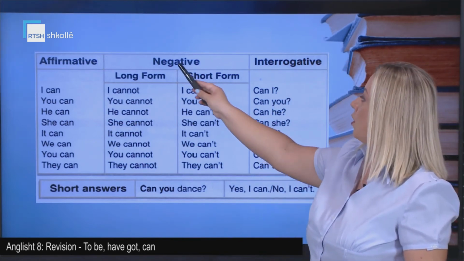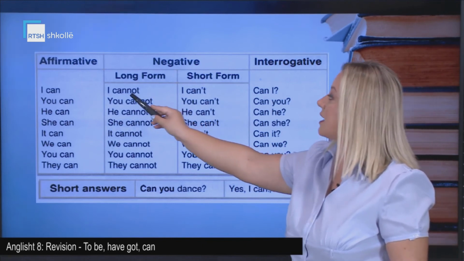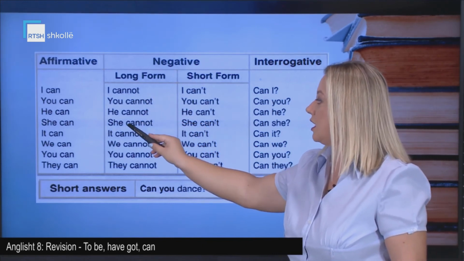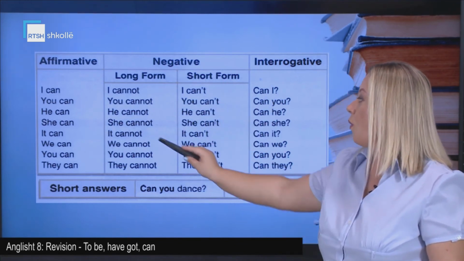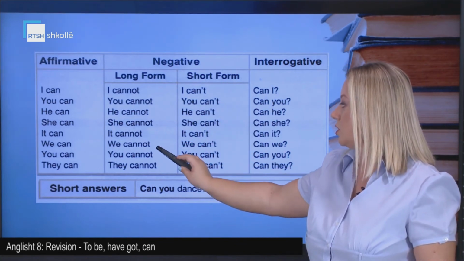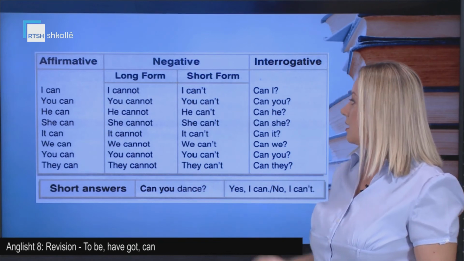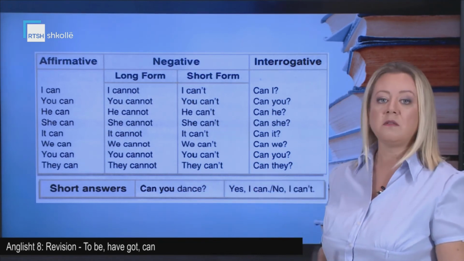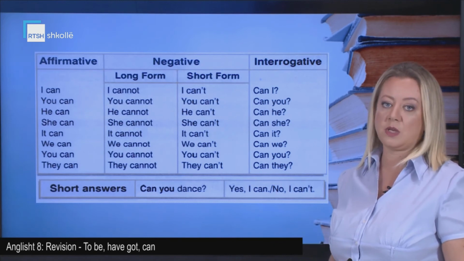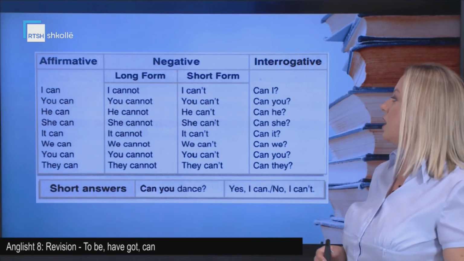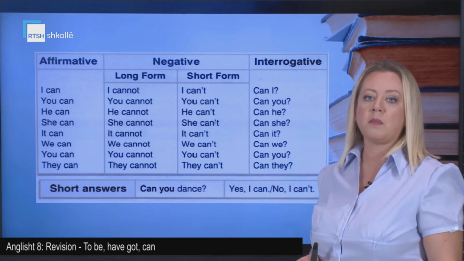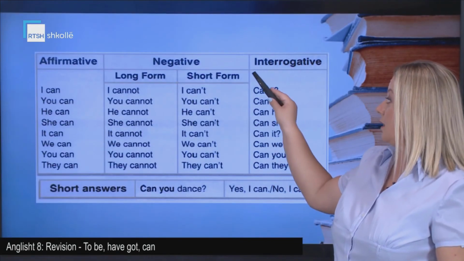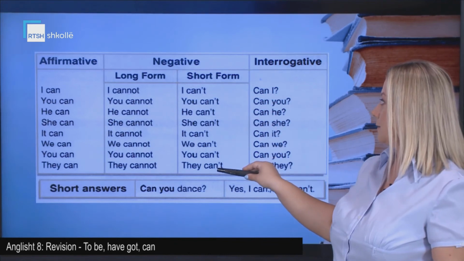The long form of the negative is I cannot, you cannot, he, she, it cannot, we cannot, you cannot, they cannot. We mostly use this in written or informal language. While speaking, we use the short form I can't. It is the same in all persons.